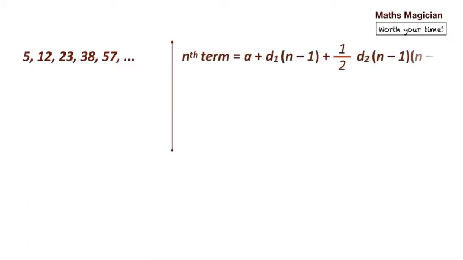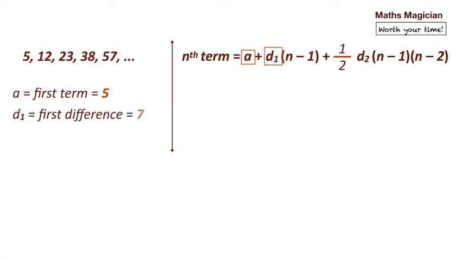Let's write the quadratic sequence again. Now we write the formula discussed in the previous slide. In the previous slide, we showed that A is the first term and is 5. D1 is the first difference and is equal to 7. D2 is the second difference and is 4.